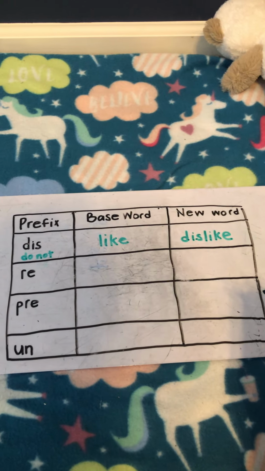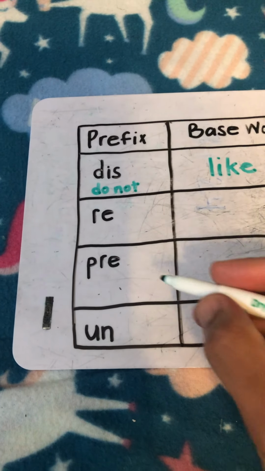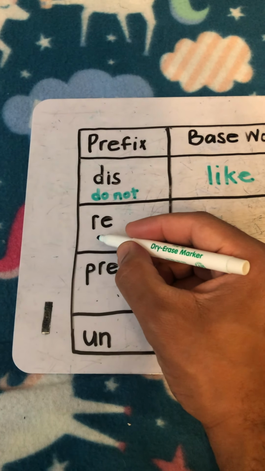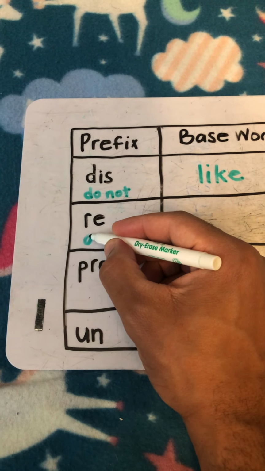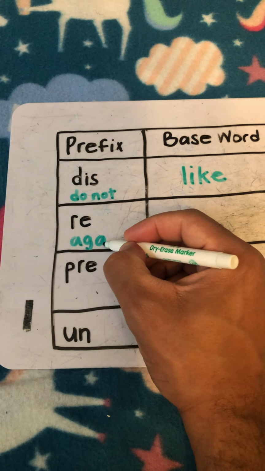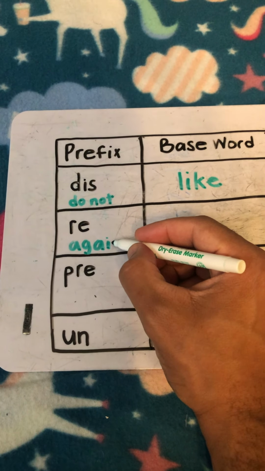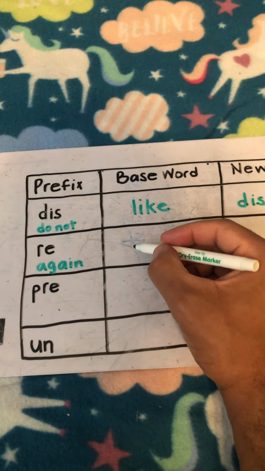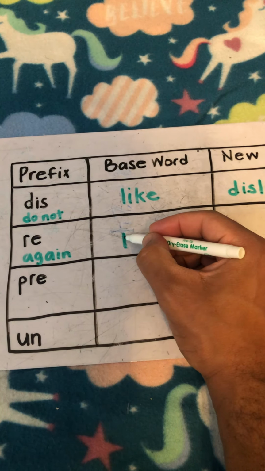Let's look at another example if we may. In this case, I'm going to focus on the prefix re. My prefix re means again. Let's take a look at how we might use that. I could have a base word such as play.